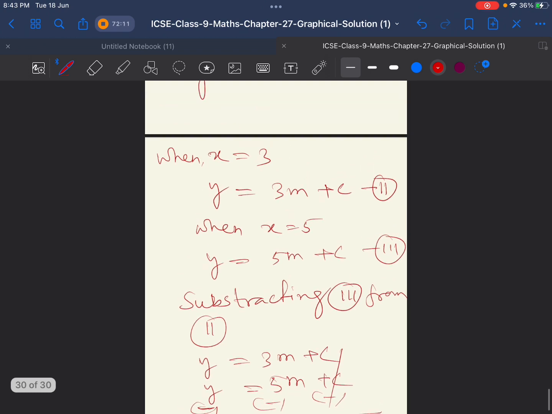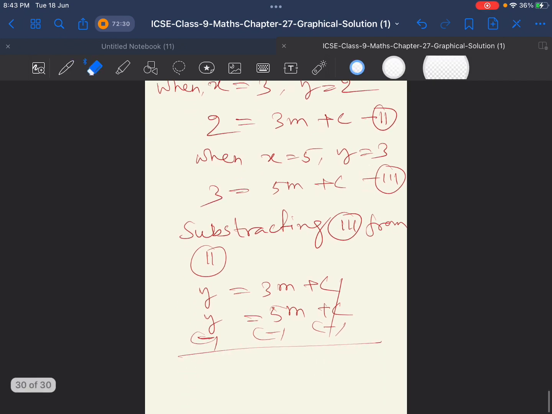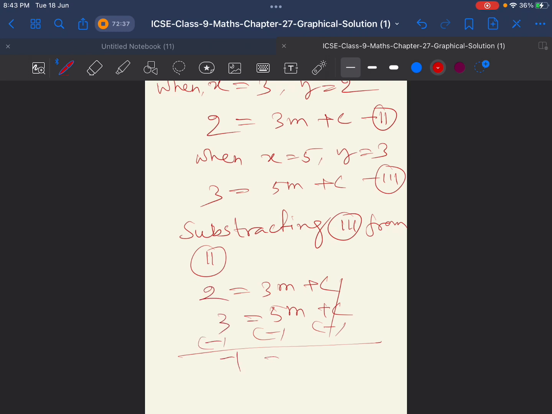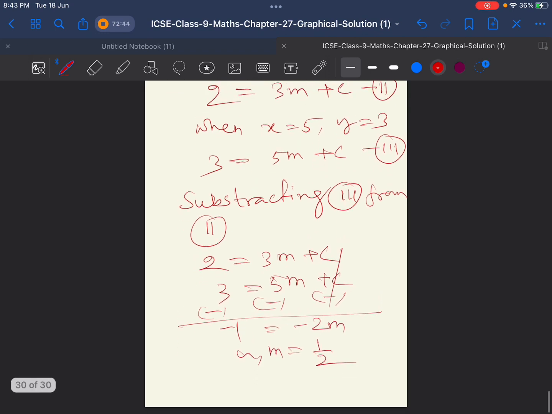Subtracting 3 from 2, here y equals 2 and here y equals 3.